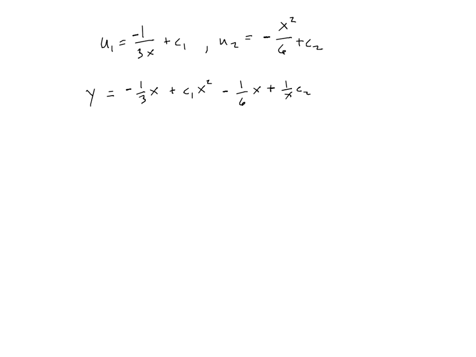And now we can combine the terms of the same power of x, and we're left with minus 1/2 x plus C1 x squared plus C2 over x.